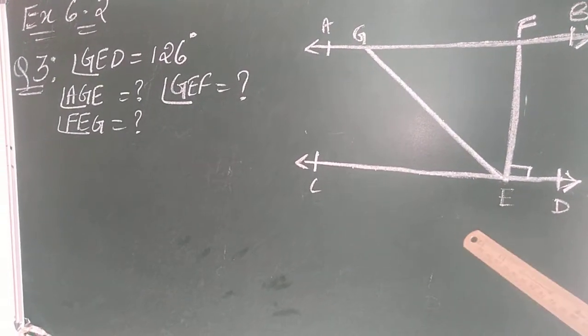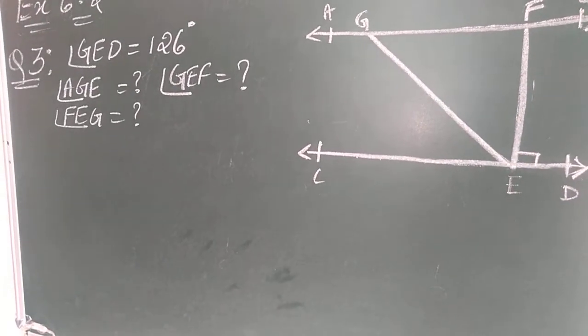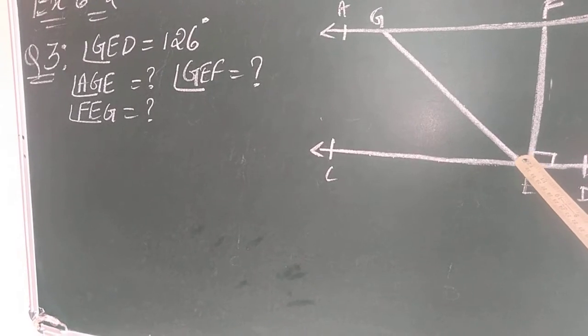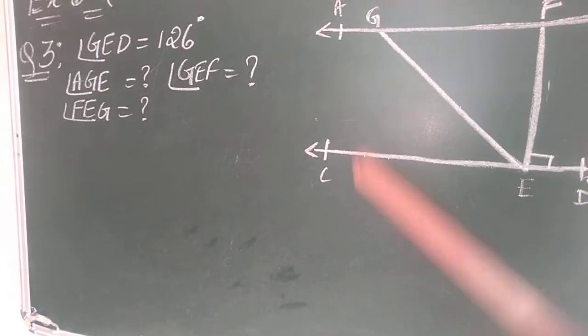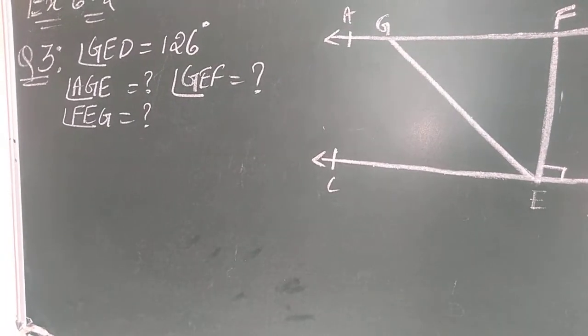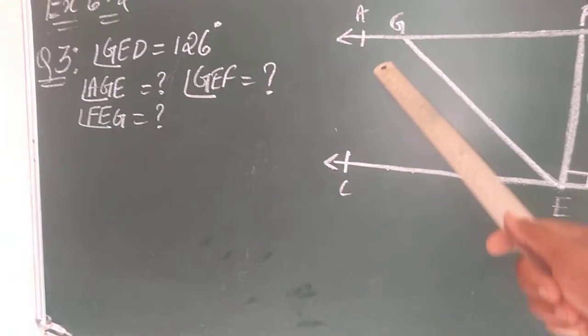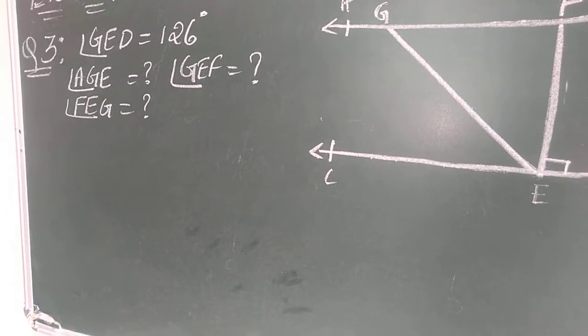find this angle AGE, and this angle GEF, and then FEG. Okay, all these three angles you have to find out. AGE here, GEF here.